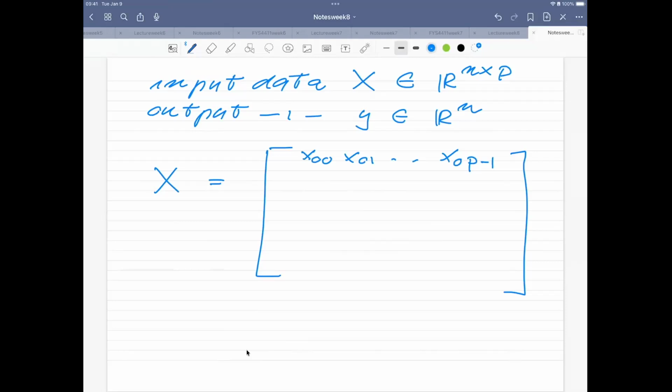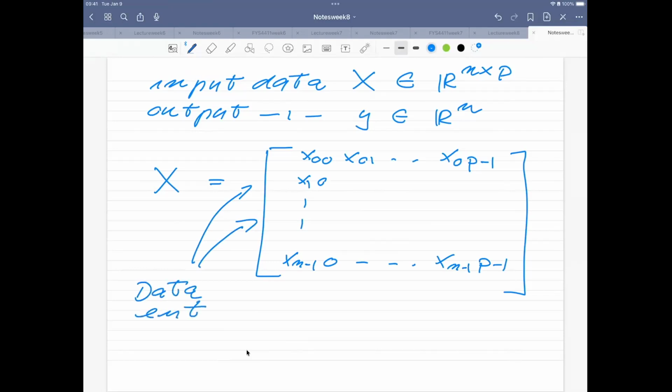So if you have 10,000 credit card holders, then the rows could be the 10,000 credit card holders. So we would have x1,0 and all the way down to xn-1 data points, and this continues all the way up to n-1, p-1 features. So the rows are the data entries and the columns are the features.